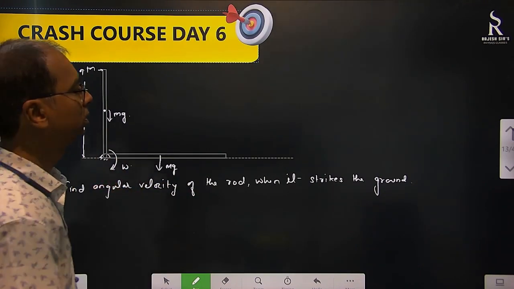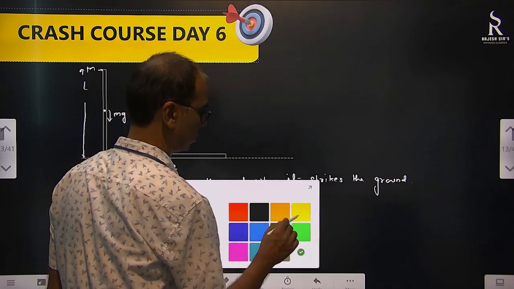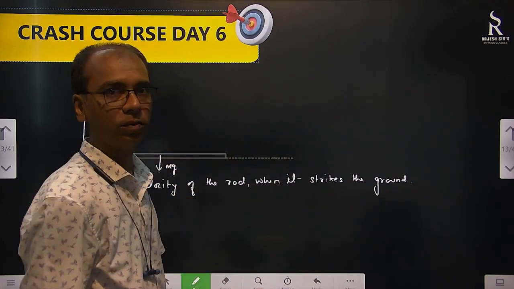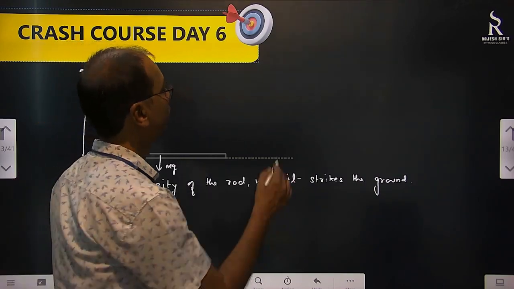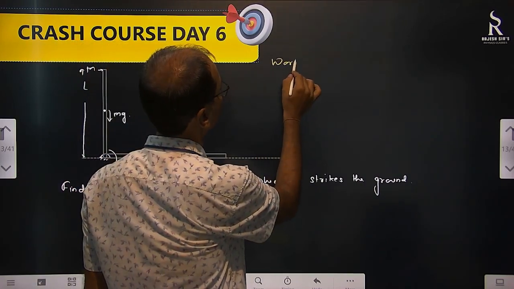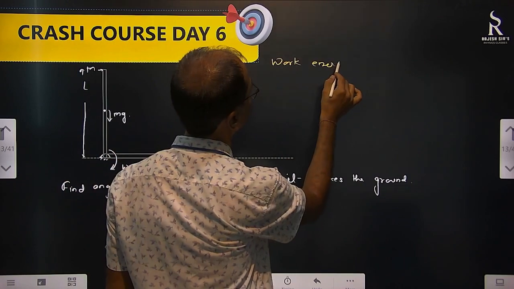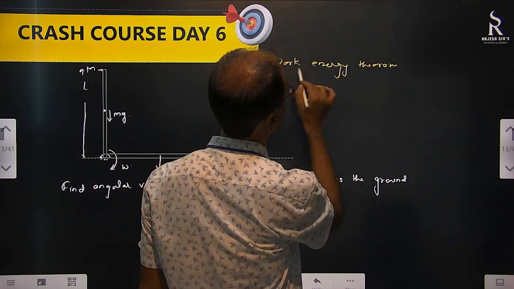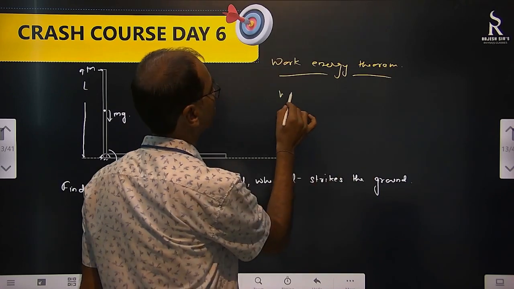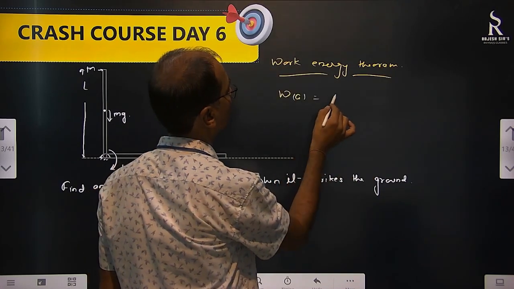We can use the work energy theorem, or conservation of energy, because only a conservative force is working. The work done by gravitation force equals the change in kinetic energy.